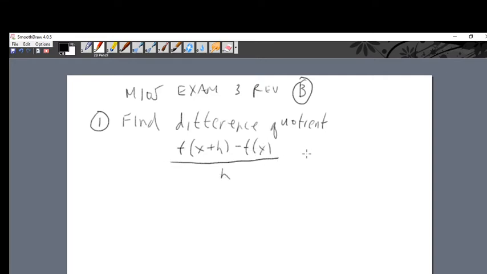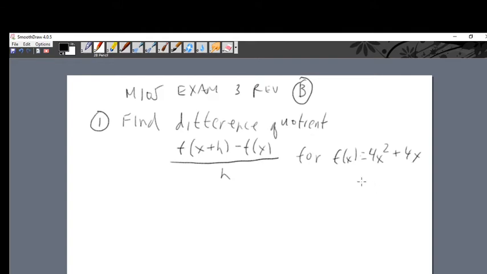And they're going to give you a function. What's the function? f of x is equal to 4x squared plus 4x. Okay, that's pretty much how the problem looks.